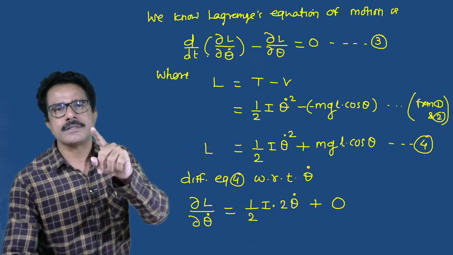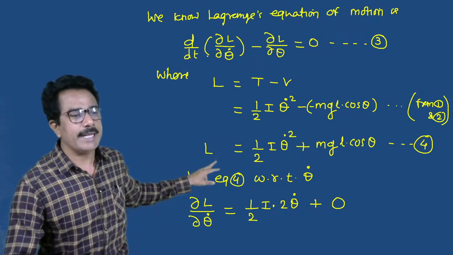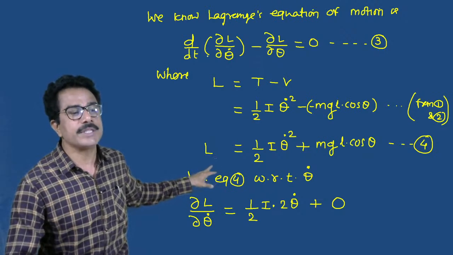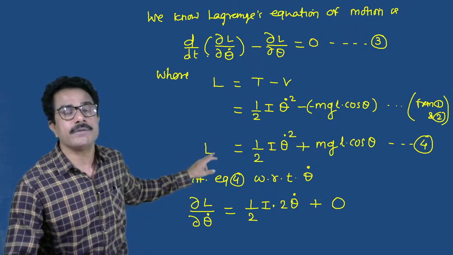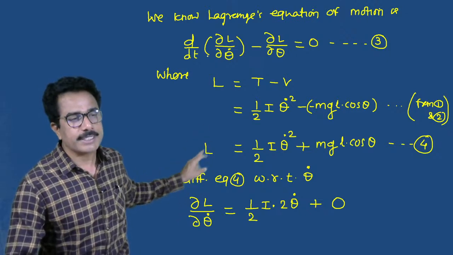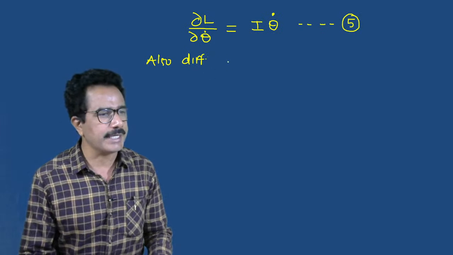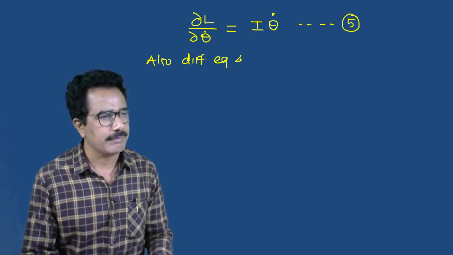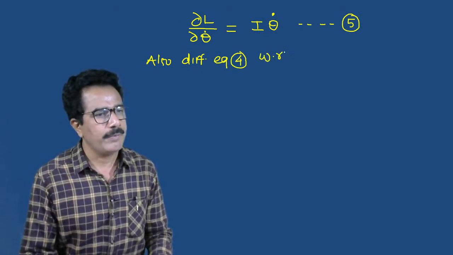All students should tell what is the derivative of L with respect to theta. That is a partial derivative with respect to theta, means dou L by dou theta. We have to find its derivative, differentiating equation 4 with respect to theta.